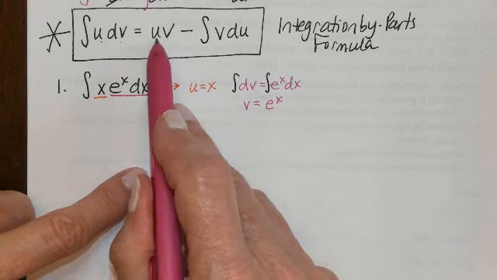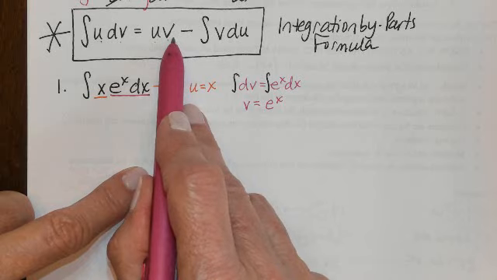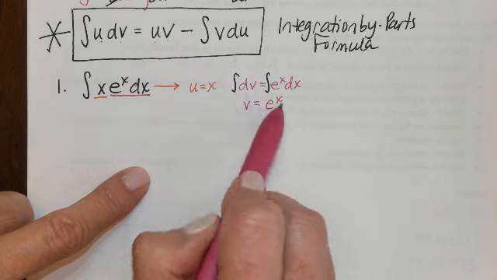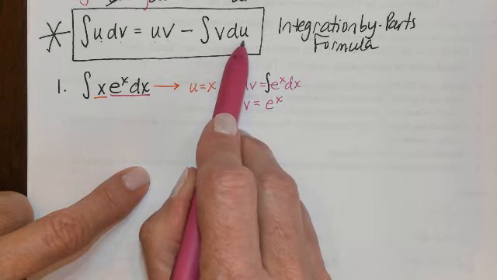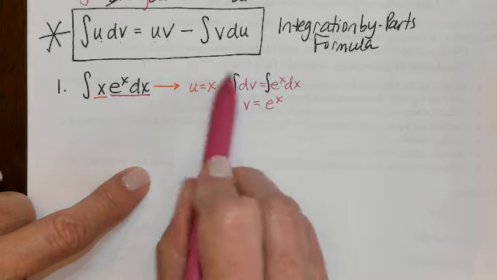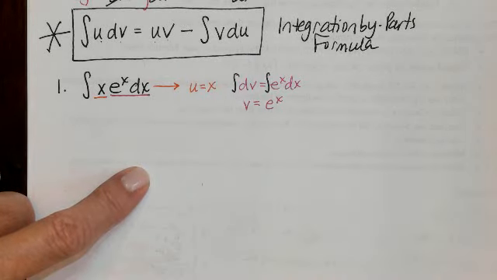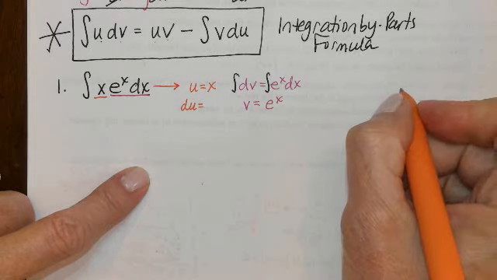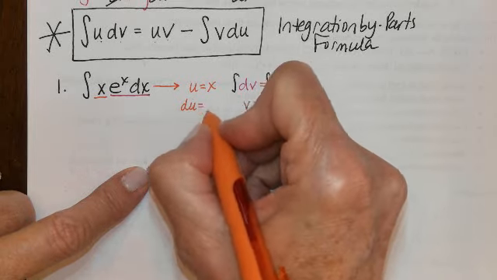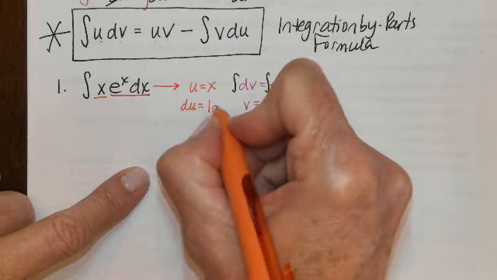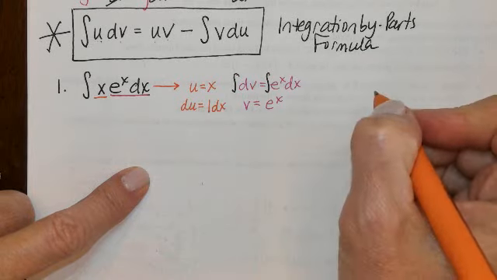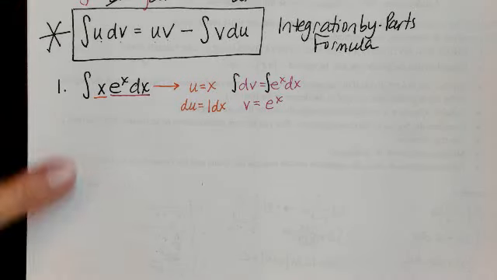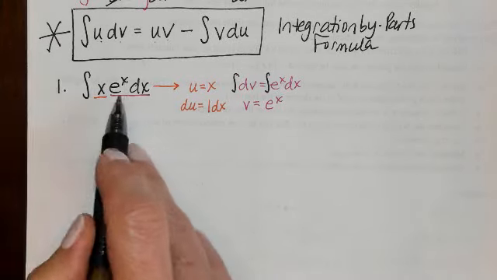So now I know what u is, I know what v is. Great! Minus the integral of v, which I know, du. Do I know what du is yet? Have I found du? No, I have not. So I need to find du. What is du? Well, du dx is just 1, and then we would multiply both sides by the dx. So that's just 1 dx, or dx. So now I can come back and write everything.